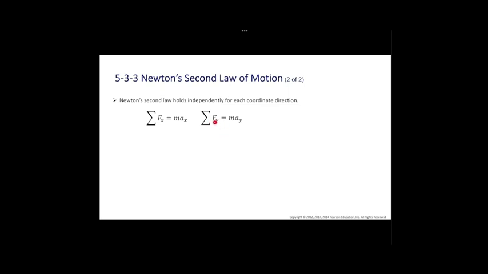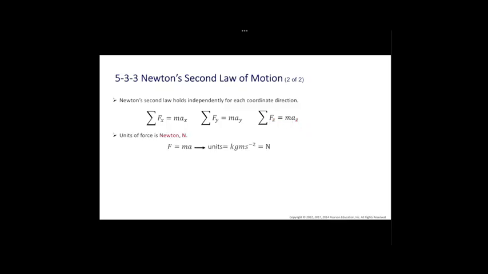Similarly for the y direction, we can write sigma Fy equals m ay. Fy is the net force in the y direction, ay is the acceleration in the y direction. And for the z component, we can write sigma Fz equals m az.